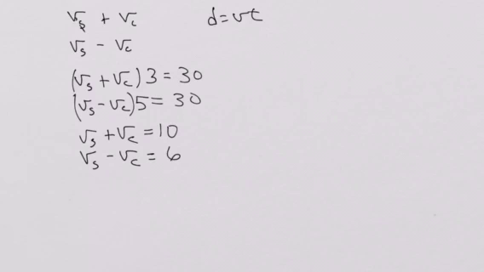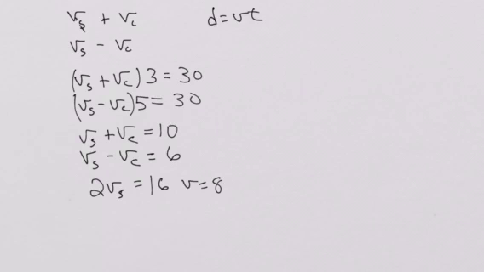Easy to solve because I have V sub s plus C and a minus C. When I add those two left sides together, we get 2 times V sub s equals 16, which says V sub s equals 8.